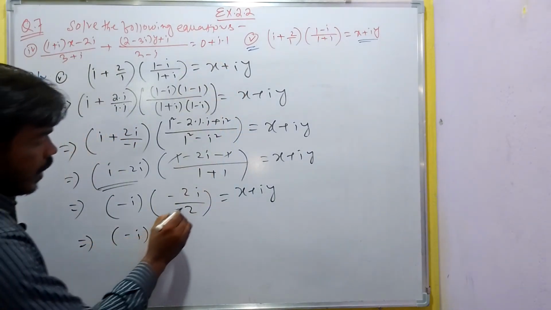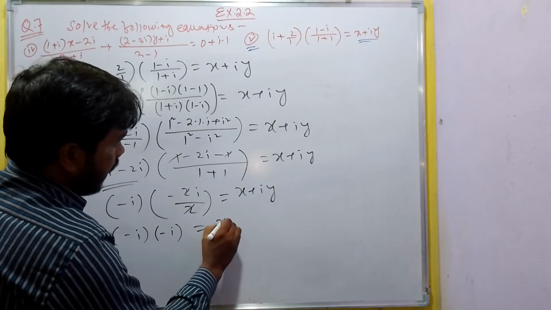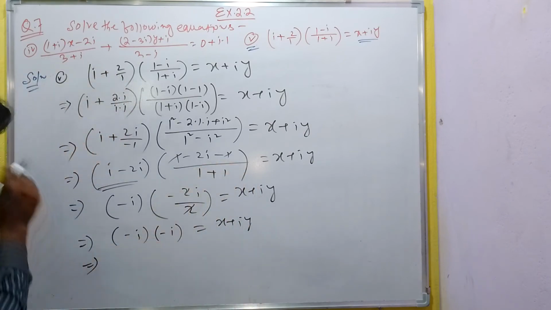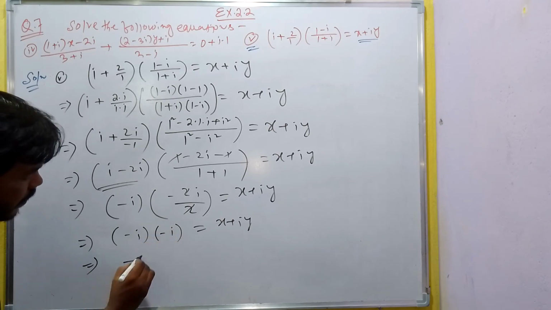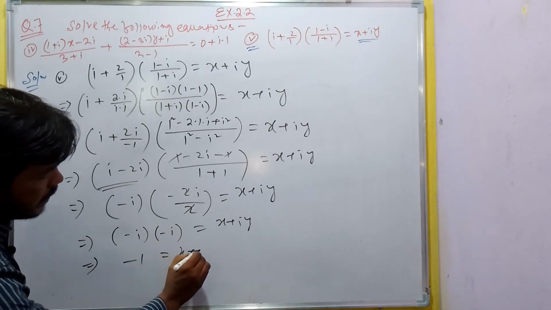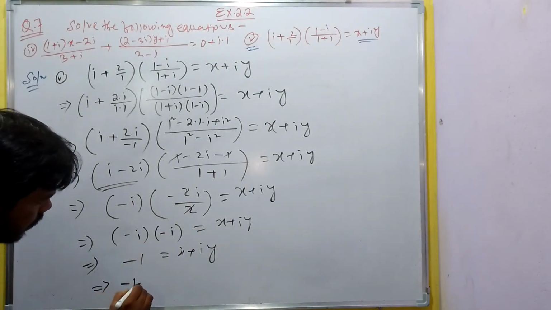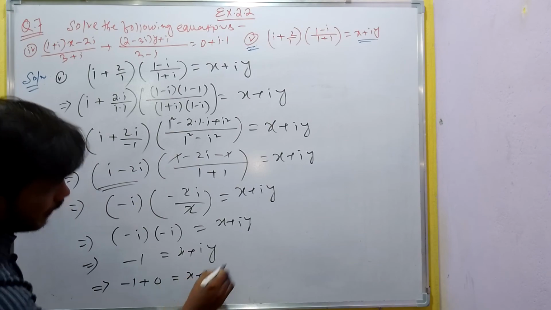Minus i, this two will be cut. -i = x + iy. Now you can see minus minus will be cut, then i squared equals -1. You have to write -1 = x + iy. So you have to write -1 + 0 = x + iy.